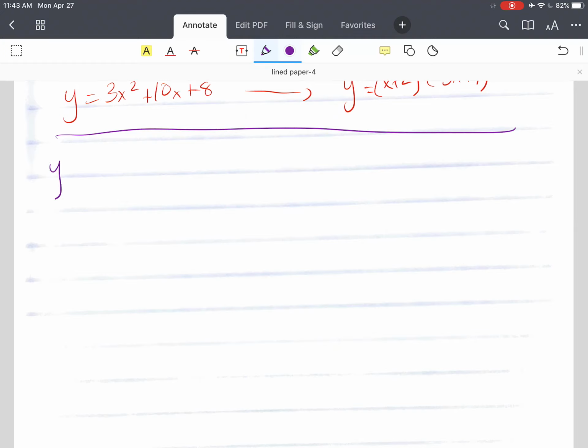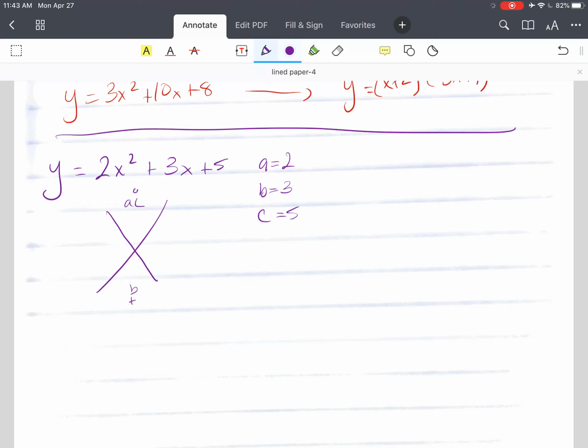Let's do one more. Okay? And go back to purple. Let's try y equals 2x squared plus 3x plus 5. So the first thing you should do is identify a, b, and c. A equals 2, b equals 3, c equals 5.